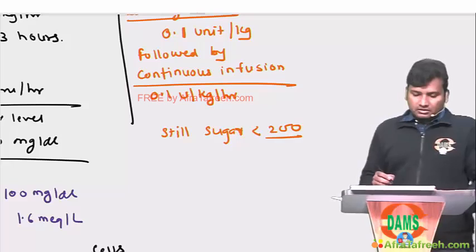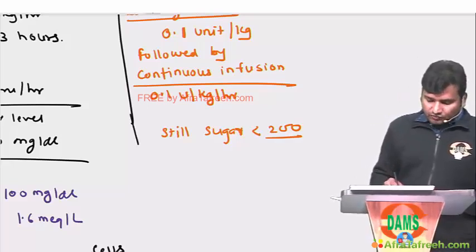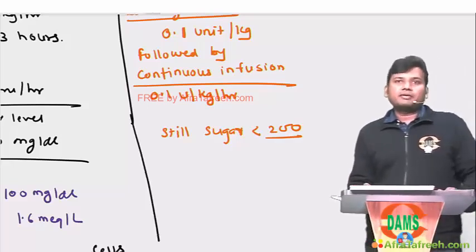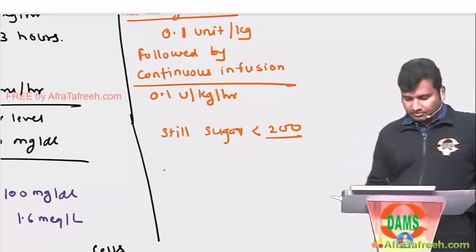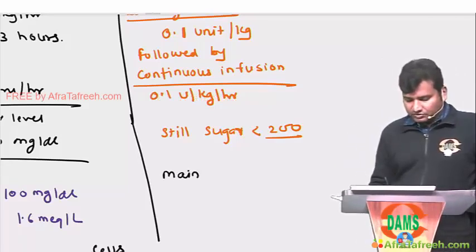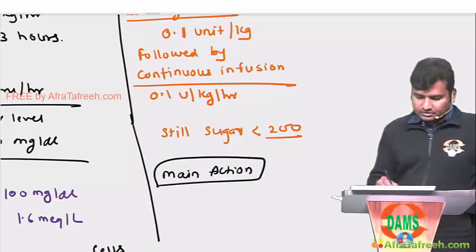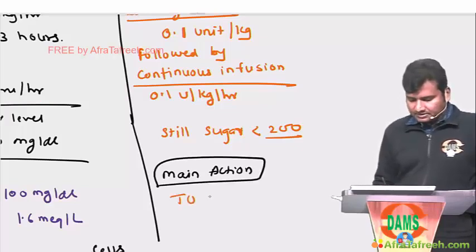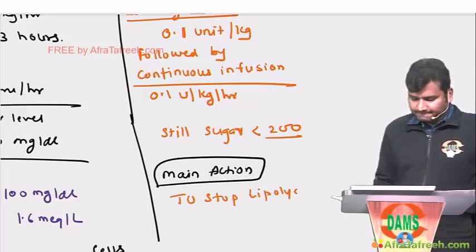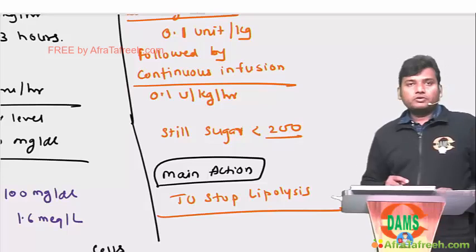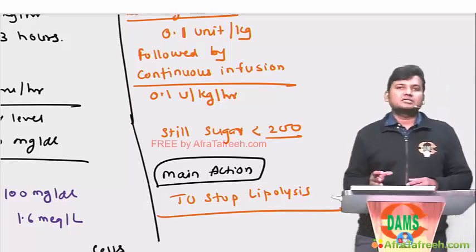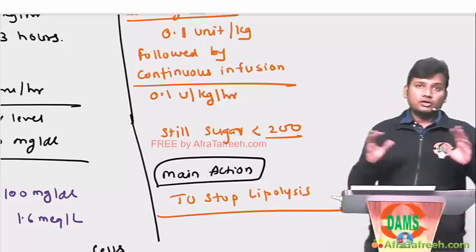Okay. Now, what is the main role of insulin in a patient of diabetic ketoacidosis? The main action of insulin is to stop lipolysis. Because lipolysis is responsible for the whole drama.